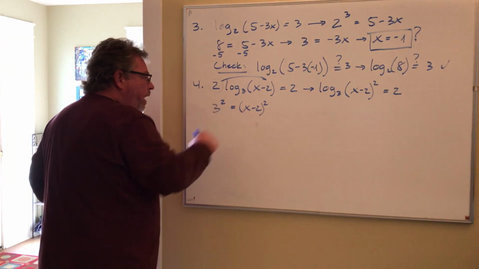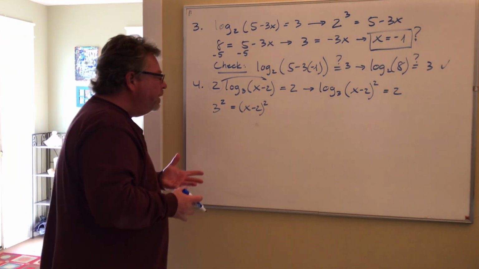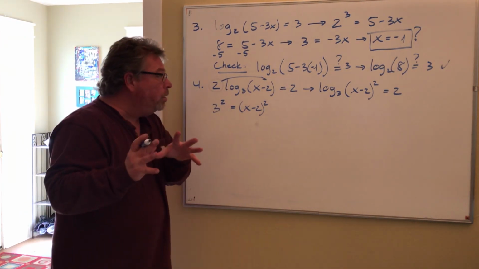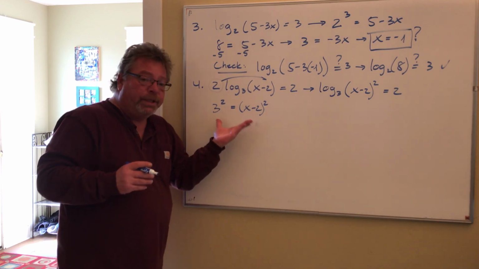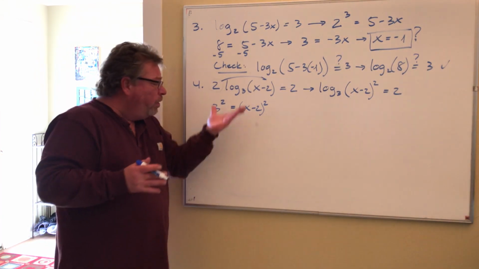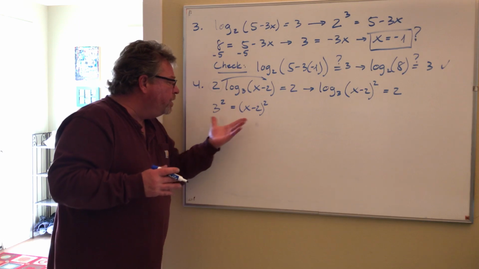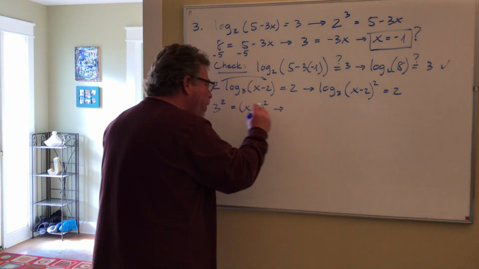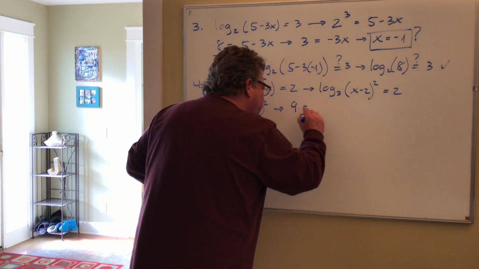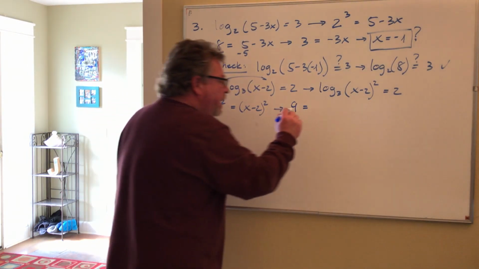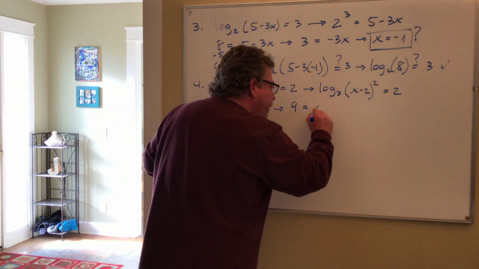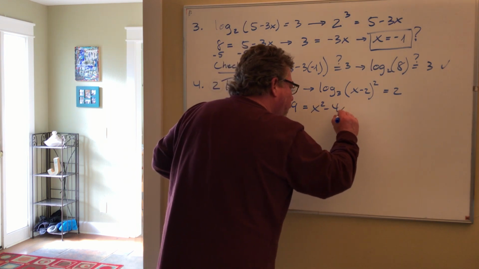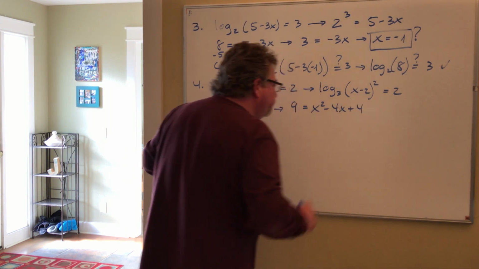Now, let's clean this up. This is going to be a very simple equation for us to solve. We're experts with equations like this. 3 squared is 9. x minus 2 times x minus 2 is x squared minus 4x plus 4.